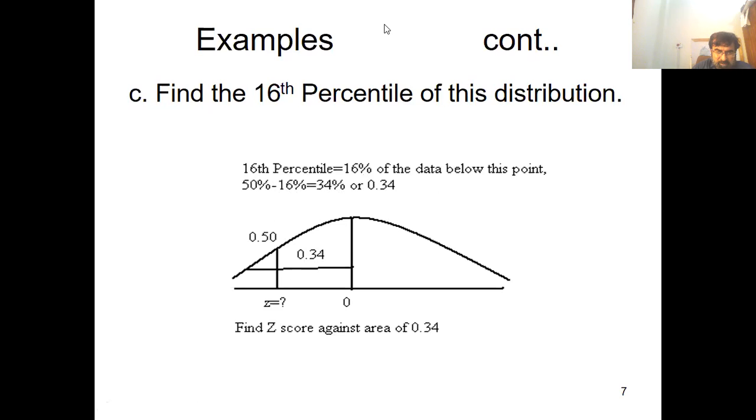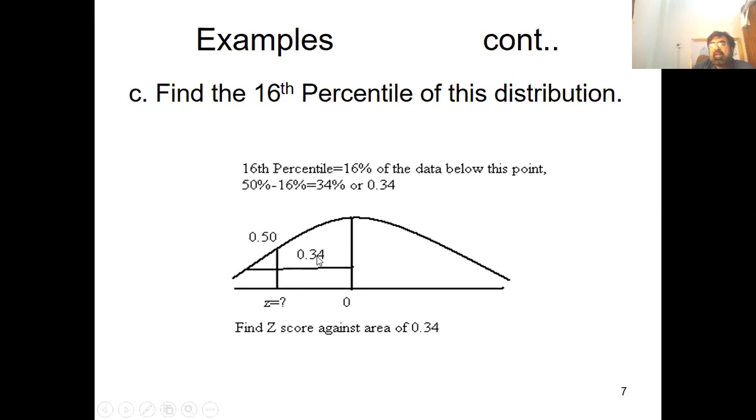The 0.34 area is from this midpoint up to this one. And what will be the z-score? If the percentile is less than the 50th percentile, the z-score will be on the left side, and that will be with a negative symbol. So the z-score over here would be -1.